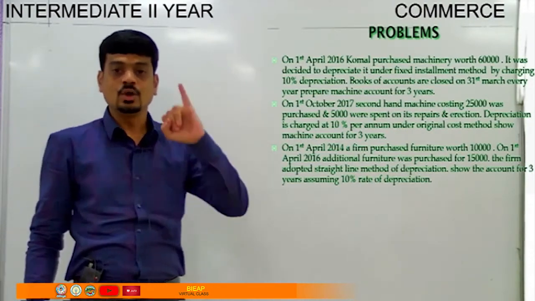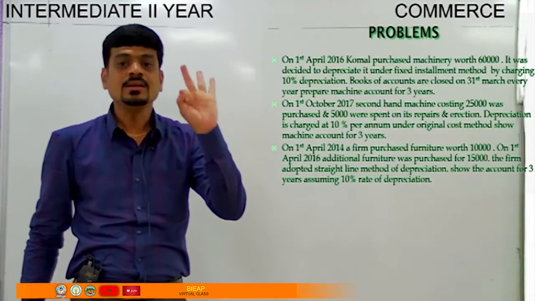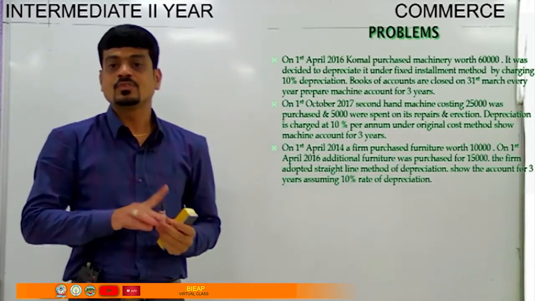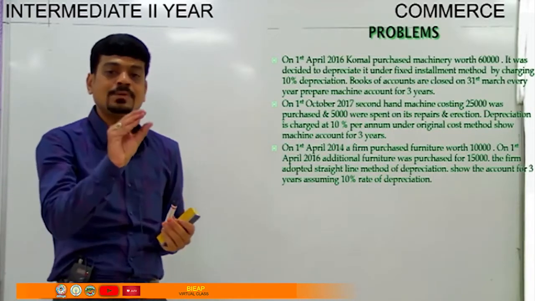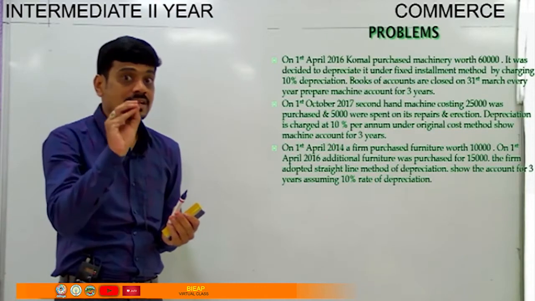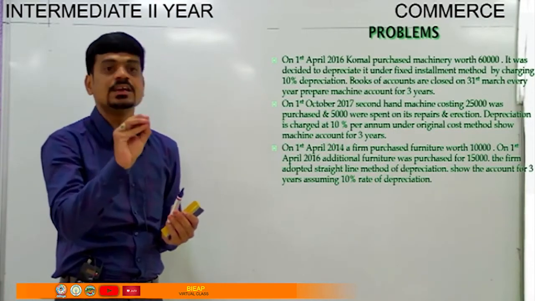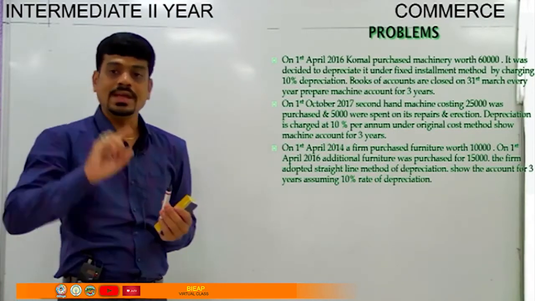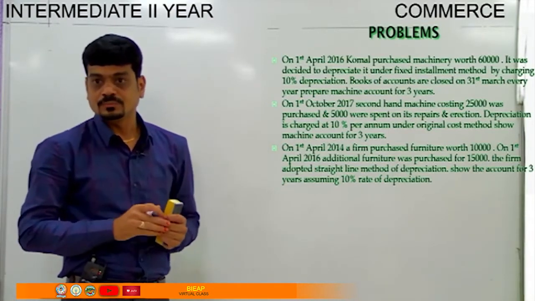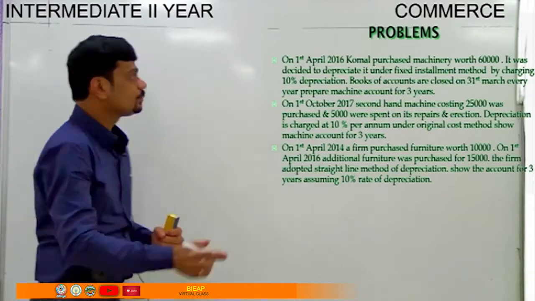October, November, December, January, February and March. So here we'll calculate depreciation only for 6 months, only in the year 2017 to 18. Afterwards, as usual, we'll calculate depreciation. So we'll solve the problem now.